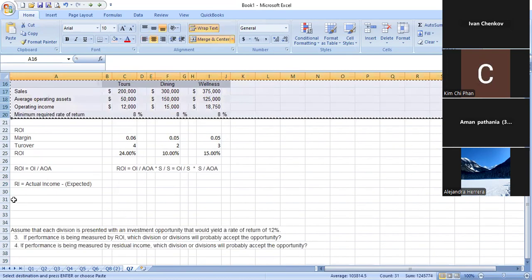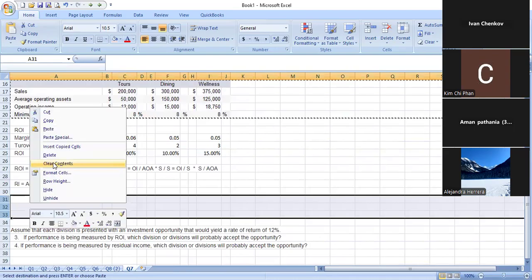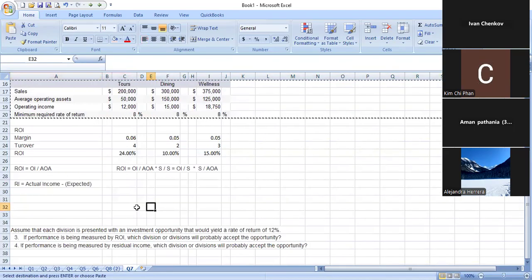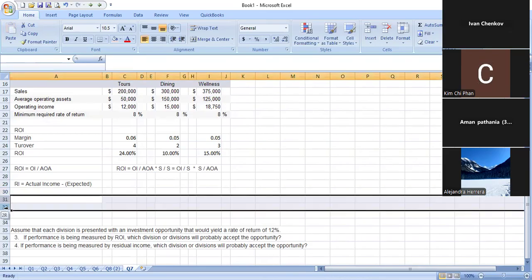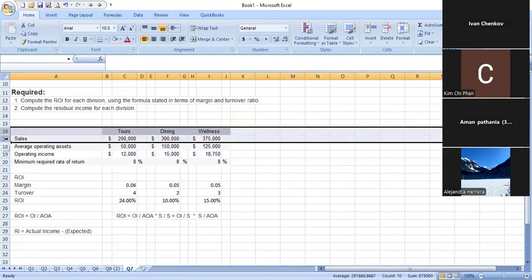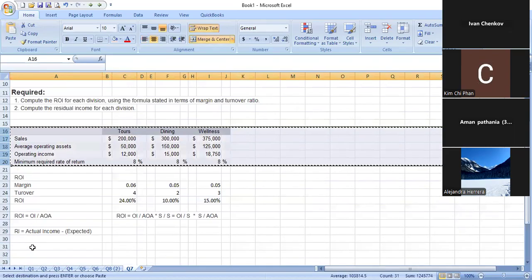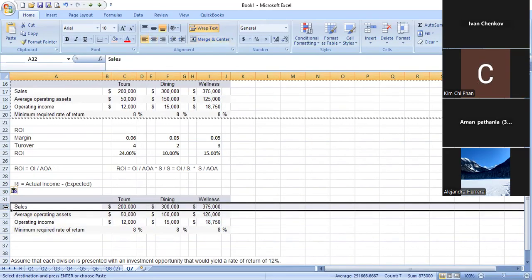I'm going to copy this again. I'm going to paste it. Actually, I need to insert some more lines here. I'm going to copy this and move it here. And I'm going to leave only the information that we need.